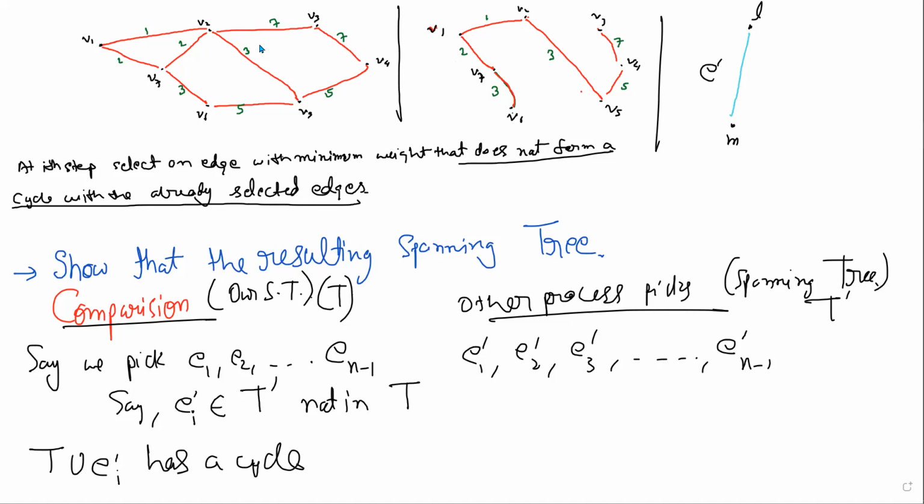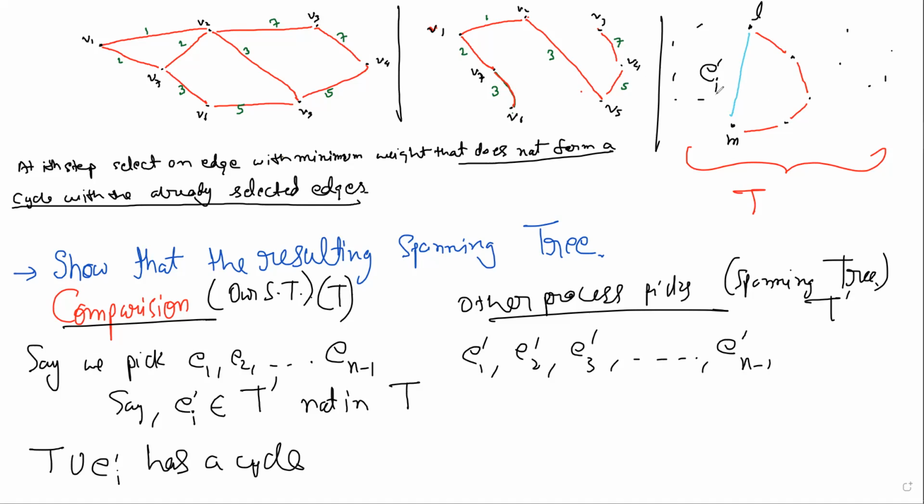This will certainly form a cycle, by the definition of a tree, if you put that edge in T. So these are already in T and form a cycle, and this whole thing is T, and obviously there are more vertices and edges. I should also say this is ei prime.